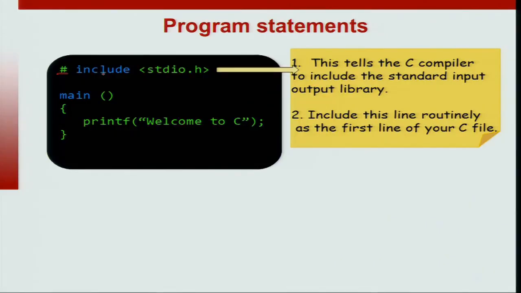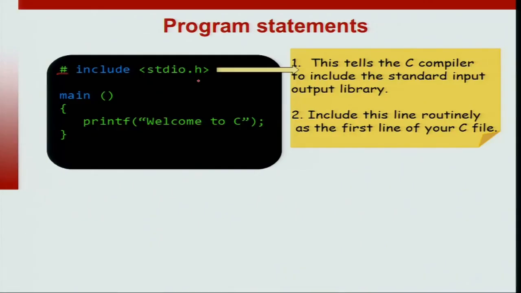So there is no space here. This line tells C to please include the standard input-output library. The standard input-output library is what has the print routines, which will print output messages onto the terminal. So if you want to have any input-output component in your program, then you should include stdio.h.